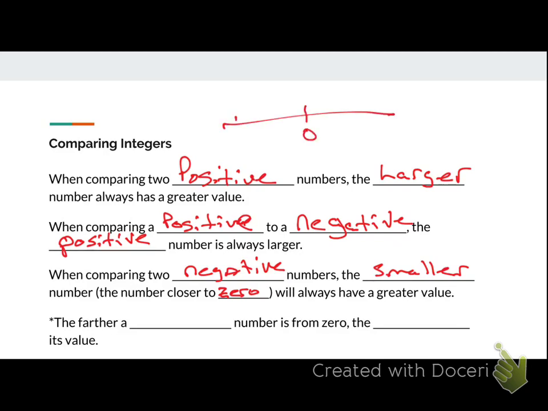Would you rather owe negative 10 or negative 3? The negative 3 is greater than negative 10. Basically, the farther a negative number is from 0, the smaller its value.